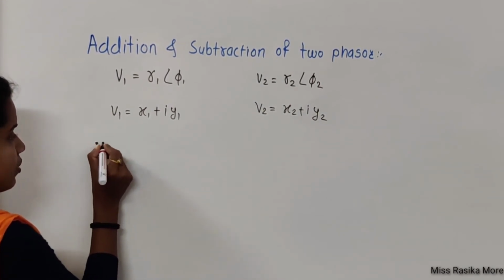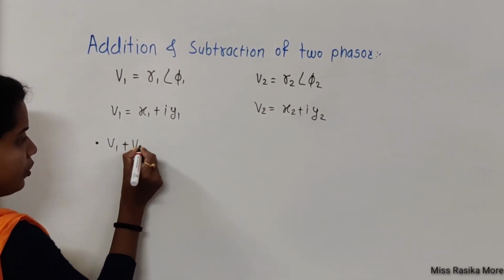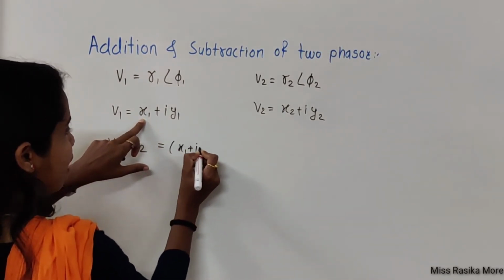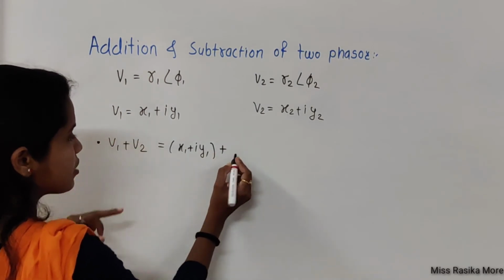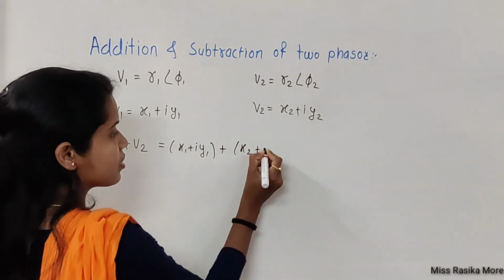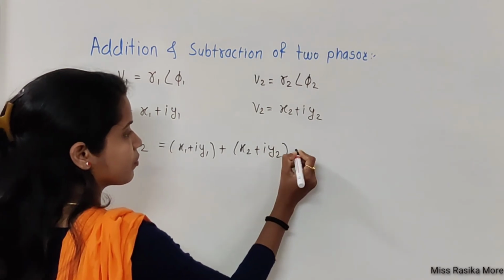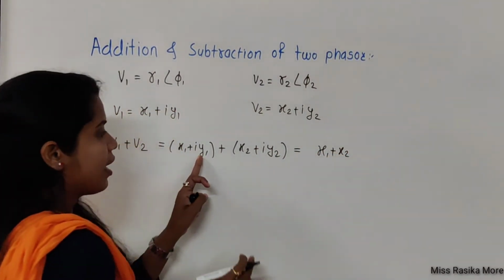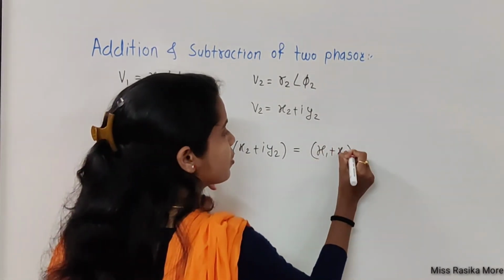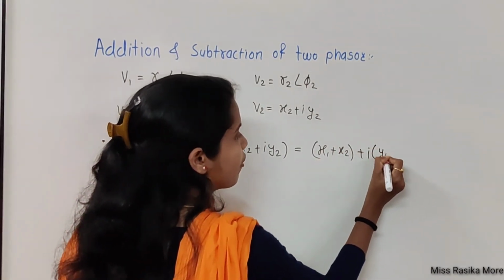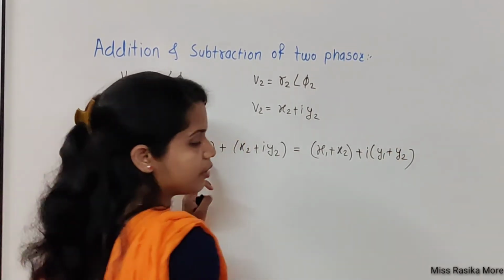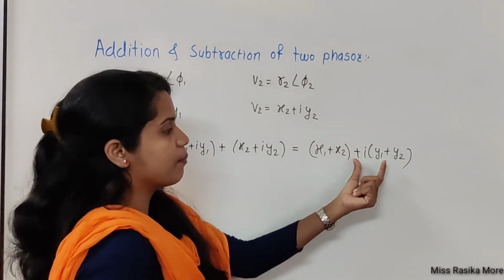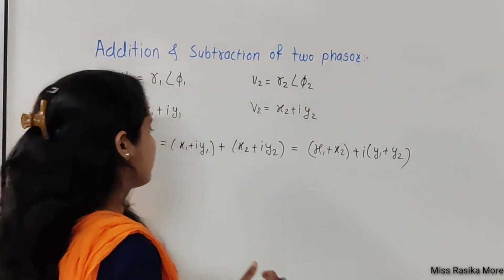Now for addition, v1 plus v2 is equal to x1 plus j y1 plus x2 plus j y2. Here x1 plus x2 and the j component, so plus j times y1 plus y2. It means in a separate bracket, real terms addition and plus j, imaginary terms addition.